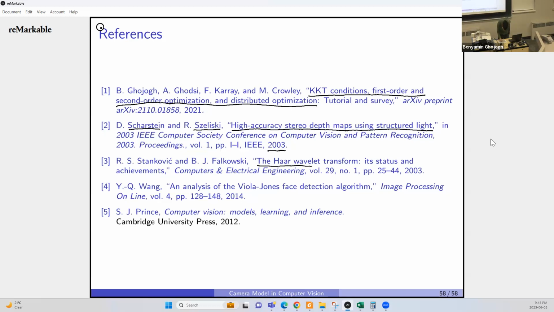This is a paper about Haar wavelet, A Haar Wavelet Transform, Its Status and Achievements, by Stanković and Falkowski. This is an analysis of the Viola-Jones face detection algorithm. Viola and Jones were the two scholars proposing that algorithm, and this paper discusses it. And this is Prince's book, Computer Vision: Models, Learning, and Inference, Cambridge University Press, 2012.